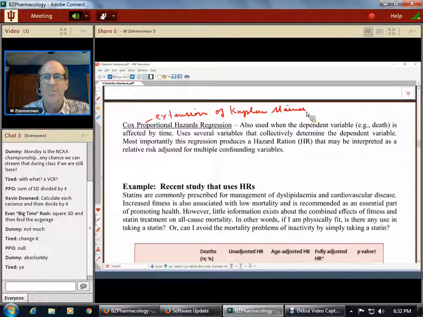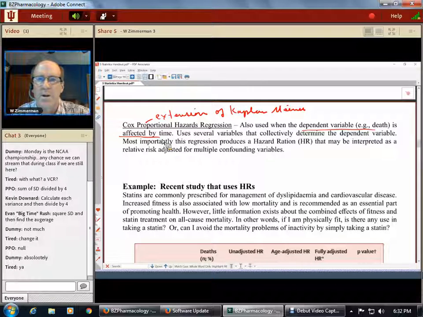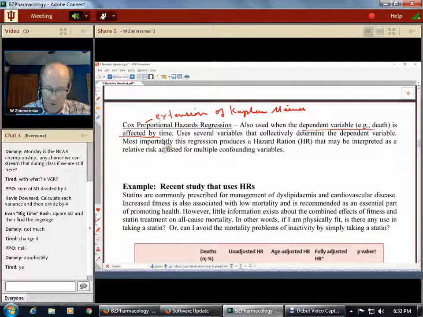So it's a survival analysis. Also used when the dependent variable is affected by time. That kind of sounds like Kaplan-Meier. Uses several variables that collectively determine the dependent variable. So this is not a graphical analysis. Kaplan-Meier is graphical.